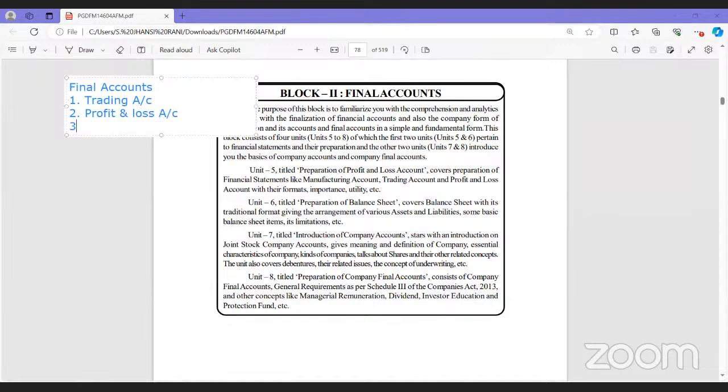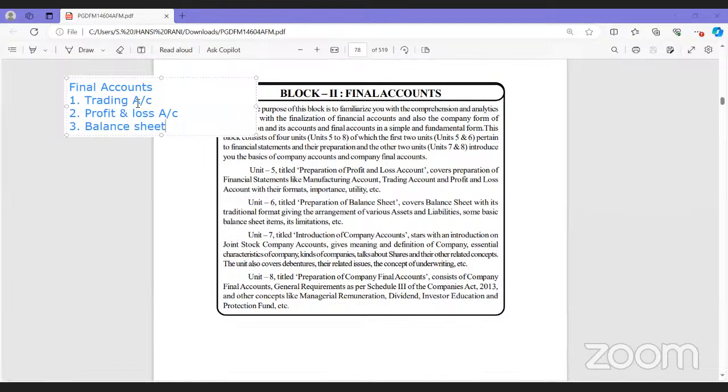And the last one is balance sheet. So these three put together, we call it final accounts. Any business can know whether the business is earning profits or not by preparing these three. That is two accounts and one statement that put together we call final accounts.